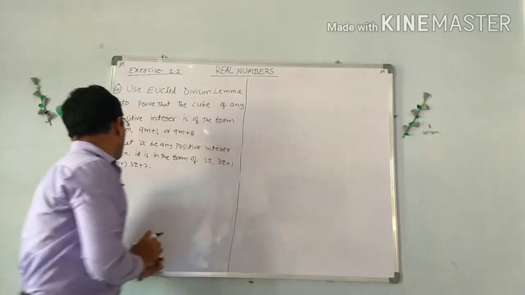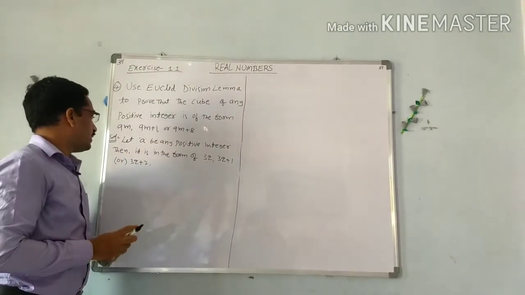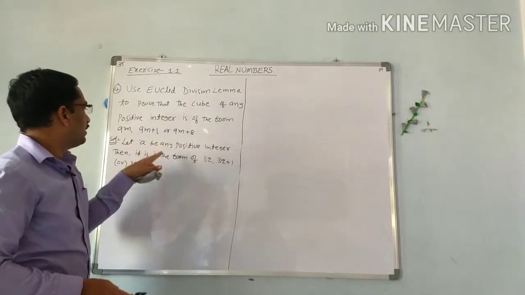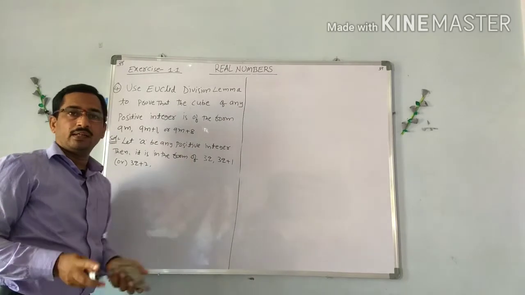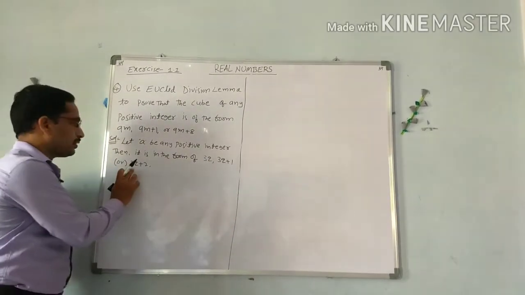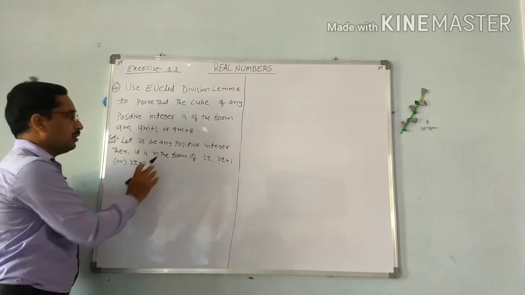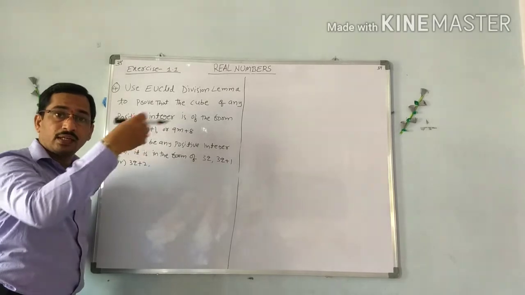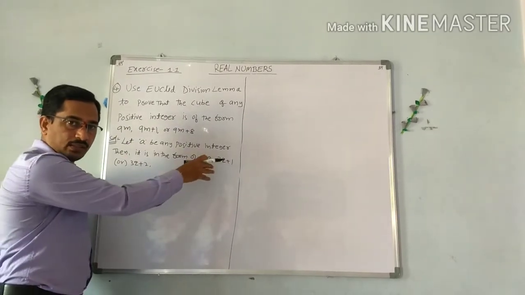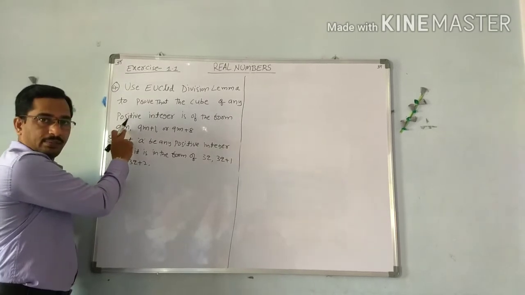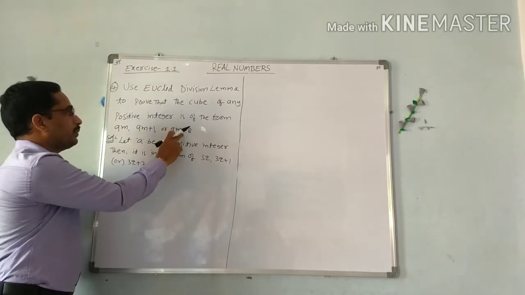So see, let a be any positive integer, then the positive integer we can represent in the form of 3q or 3q plus 1 or 3q plus 2. Then we have to prove that the cubes of these positive integers are in the form either 9m or 9m plus 1, 9m plus 8.